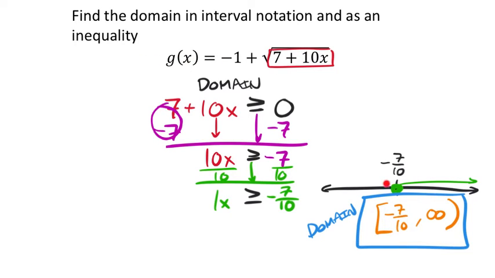But again, the number line is communicating the same thing. The moment you go immediately to the left of -7/10, such as -8/10, then you would get a not real value from the square root part of that.